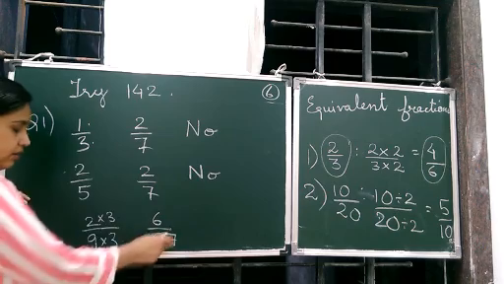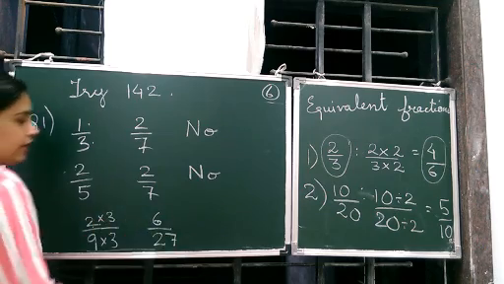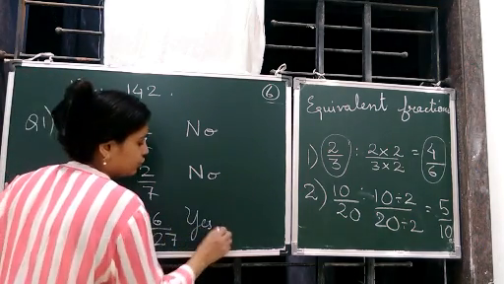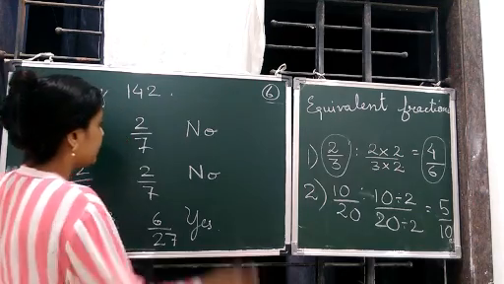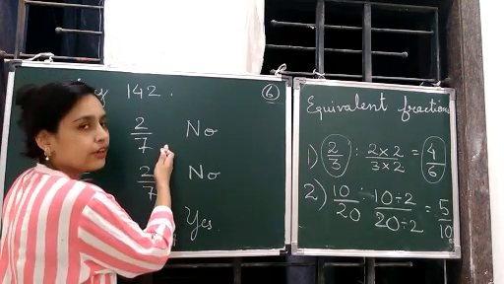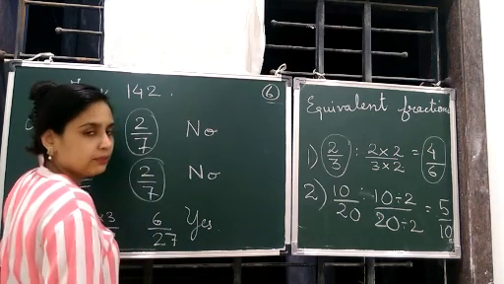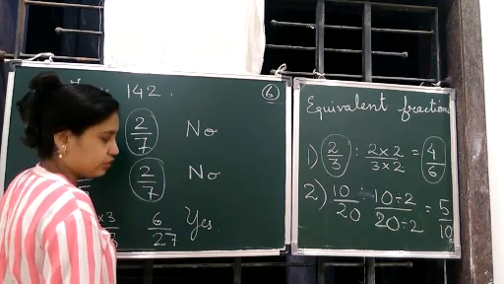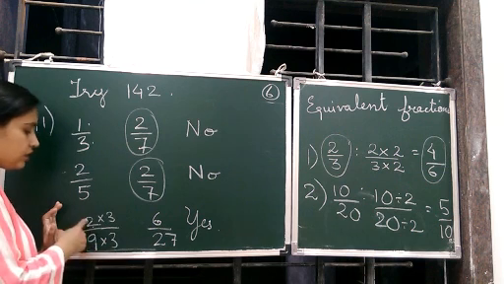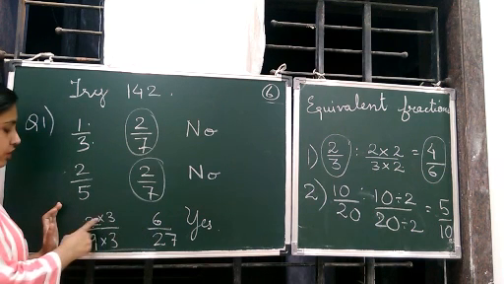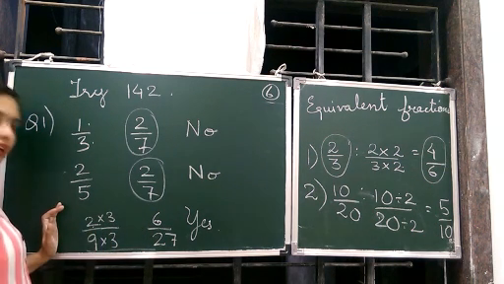Yes, you are getting this fraction. That means they both are equivalent fractions. So we have to give reasons also. What is the reason? Because we are not getting the second fraction by multiplying or dividing any number to the first fraction. And here the reason is because we are getting the second fraction, we multiply 2 by 9 by 3.